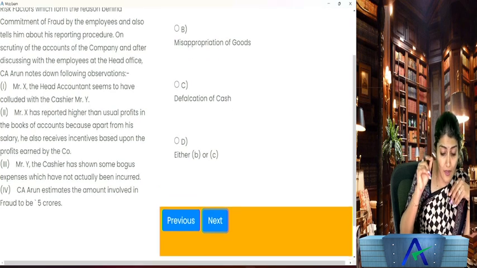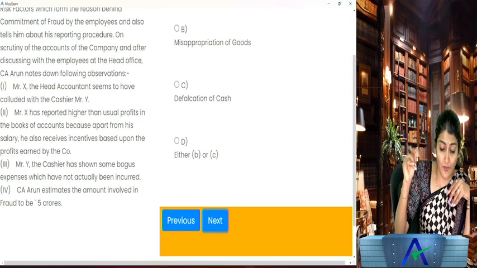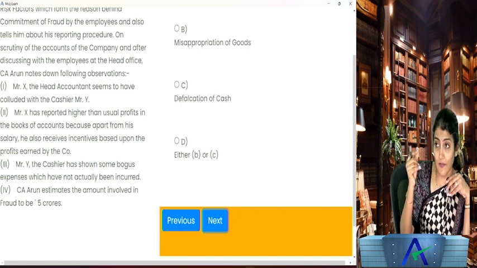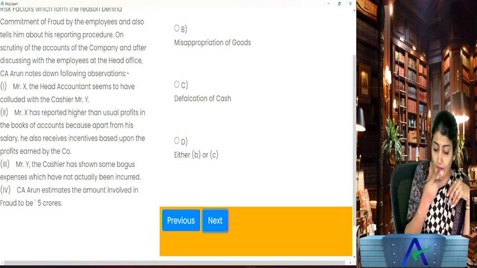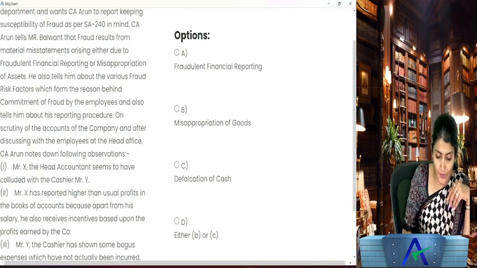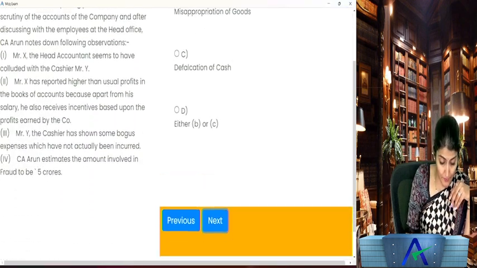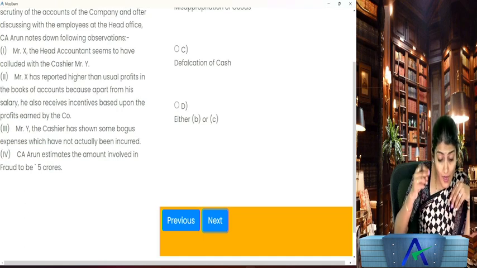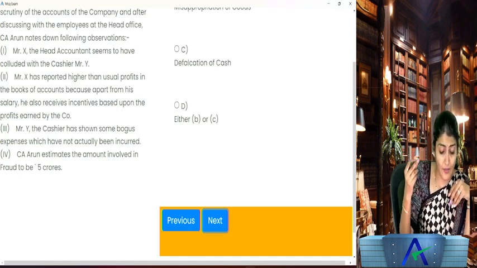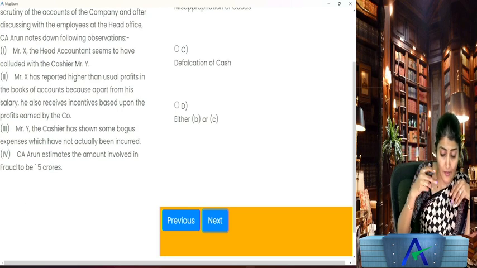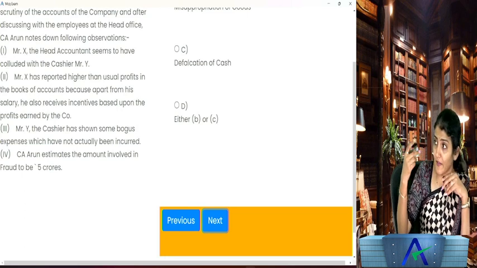On scrutiny of the accounts and after discussing with the employees at the head office, CA Arun noticed the following. That the head accountant seems to have colluded with the cashier. So that means there is a breakdown of the controls. X has reported higher than usual profit in the books of account because apart from his salary he also receives incentives which are based on the profits earned by the company.